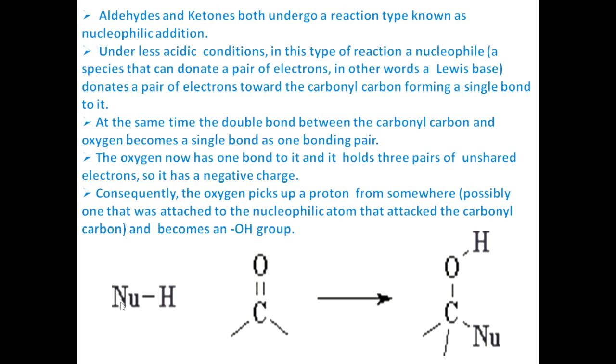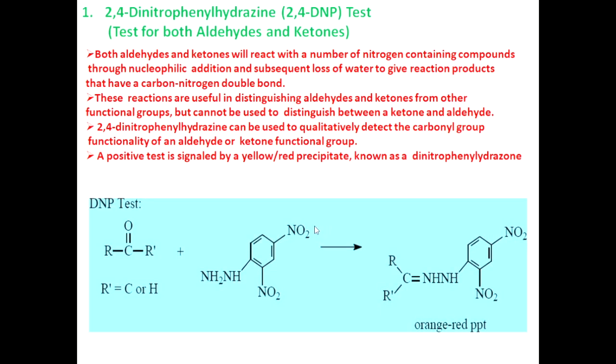So the nucleophile attaches to the carbonyl and O minus forms. Then protonation takes place and we get the addition product, where the nucleophile is attached to carbon and O is attached to hydrogen.